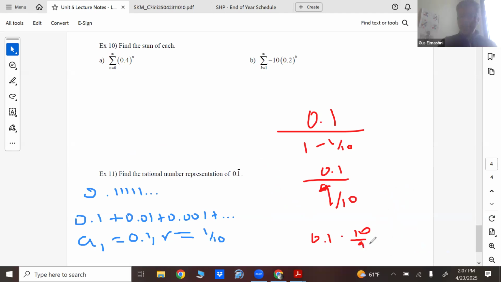And isn't 0.1 1/10? Is that kind of neat? Just 1/9. So that's how you can prove it's 1/9, using the lens of a geometric series, but infinite with a ratio between -1 and 1.